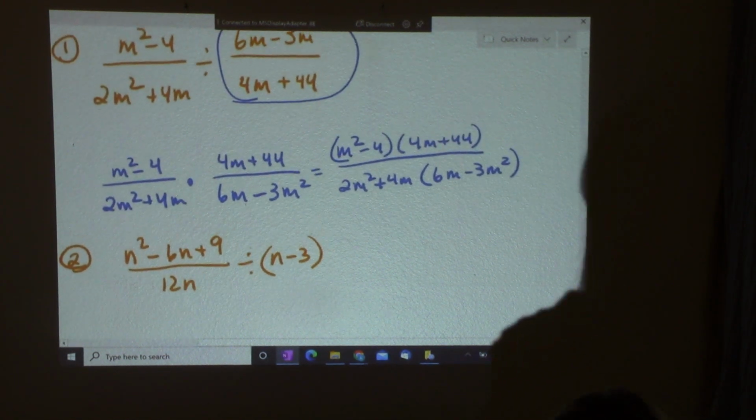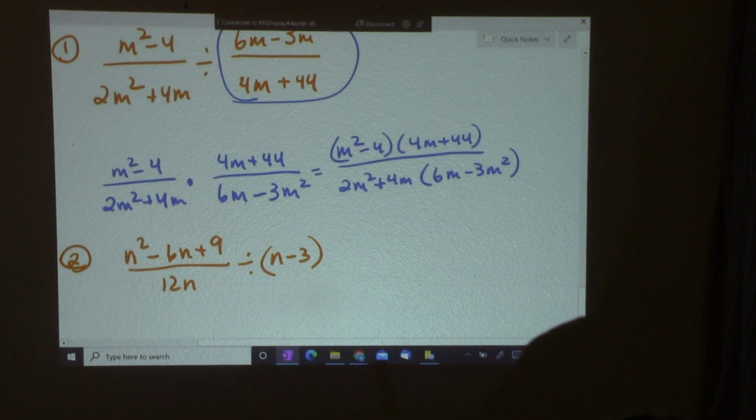Okay, so now let's factor. The first thing I'm going to do is add in a 0 term here. Remember that? So when I do magic X, I end up with what multiplies to be negative 4 and adds to be 0.